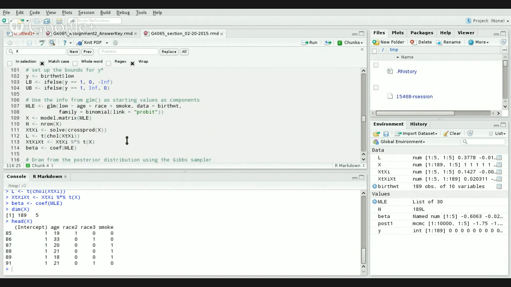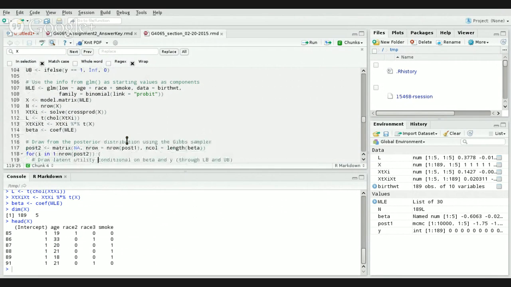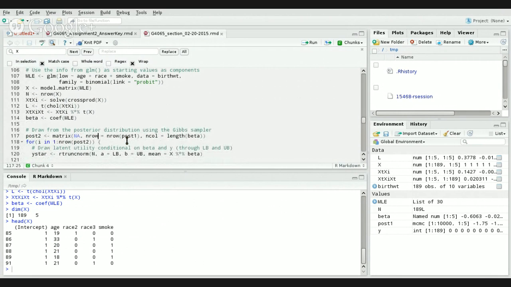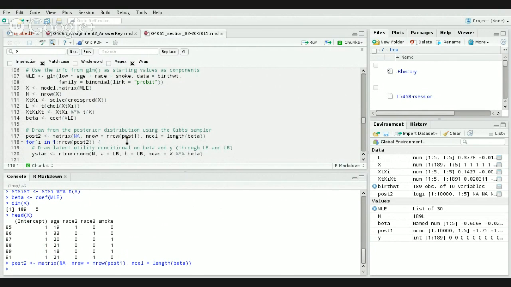So we've got all that. And then we can set up a relatively simple Gibbs sampler. First, we're going to create a matrix to hold all of our draws. And then we're going to loop over those rows. The first thing we do is draw from the full conditional distribution of y star using the R truncnorm. Every observation has its utility difference missing, so we're going to take n draws. For some of those people, they're going to have a lower bound of 0.